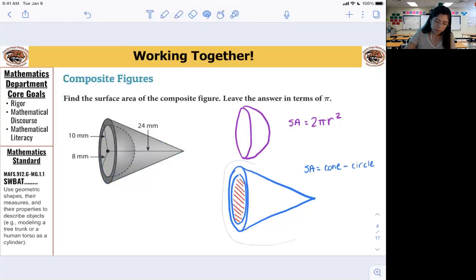So for the surface area of the whole entire cone, what will it be? Go back to your notes. What's the surface area of the whole cone? Pi r squared plus pi RL.